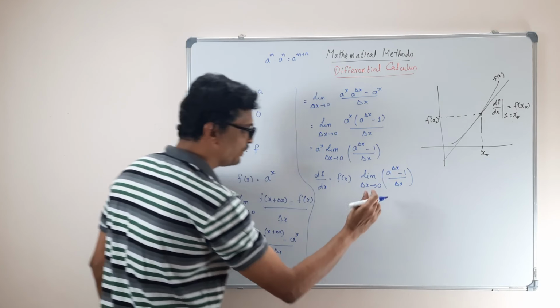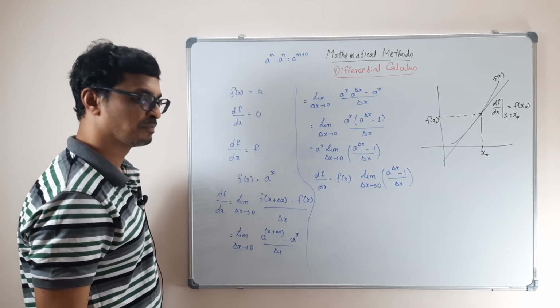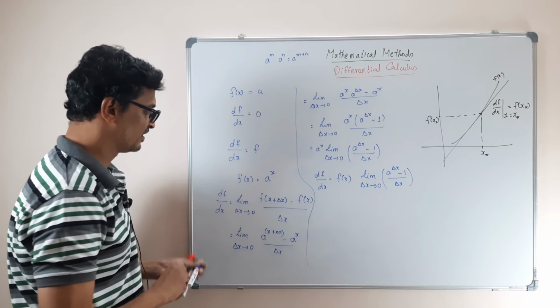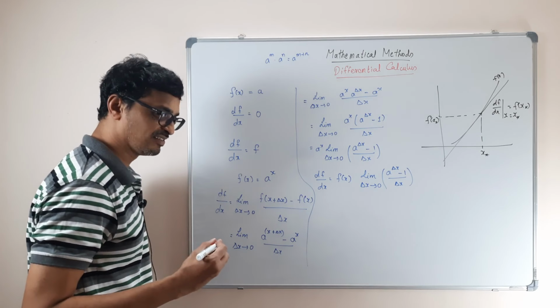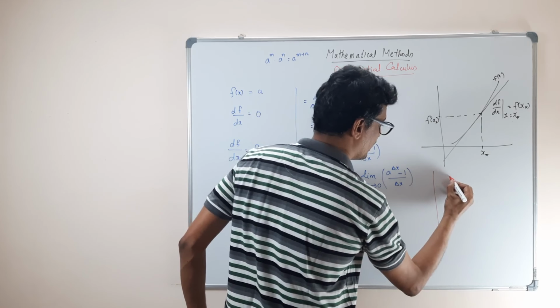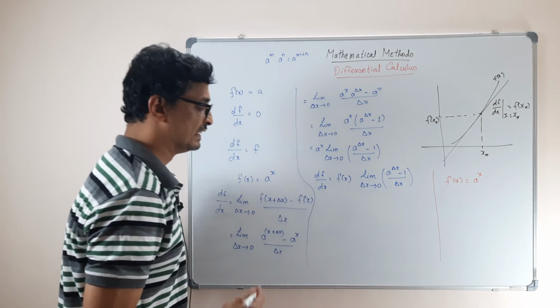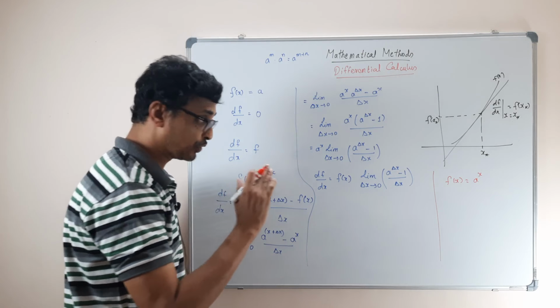Correct? Now can you tell me what this is from this function? Okay, f of delta x minus 1. I will tell you. What is our f of x? A power x. Correct?